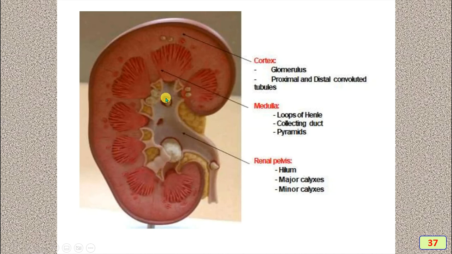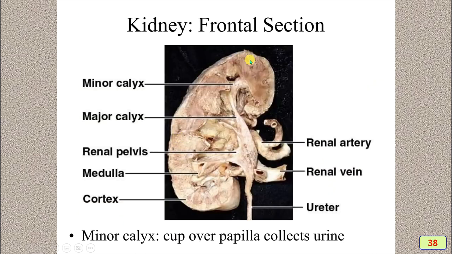The renal pelvis contains the hilum, then major calyces and minor calyces. In the frontal section of the kidney you can see the minor calyx, major calyx, renal artery, renal vein, and ureter.